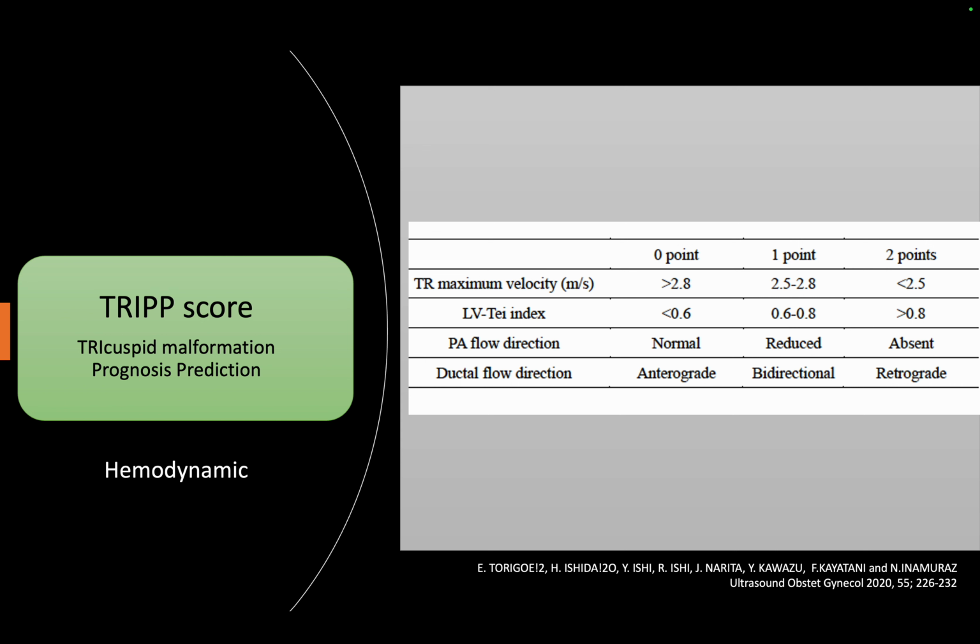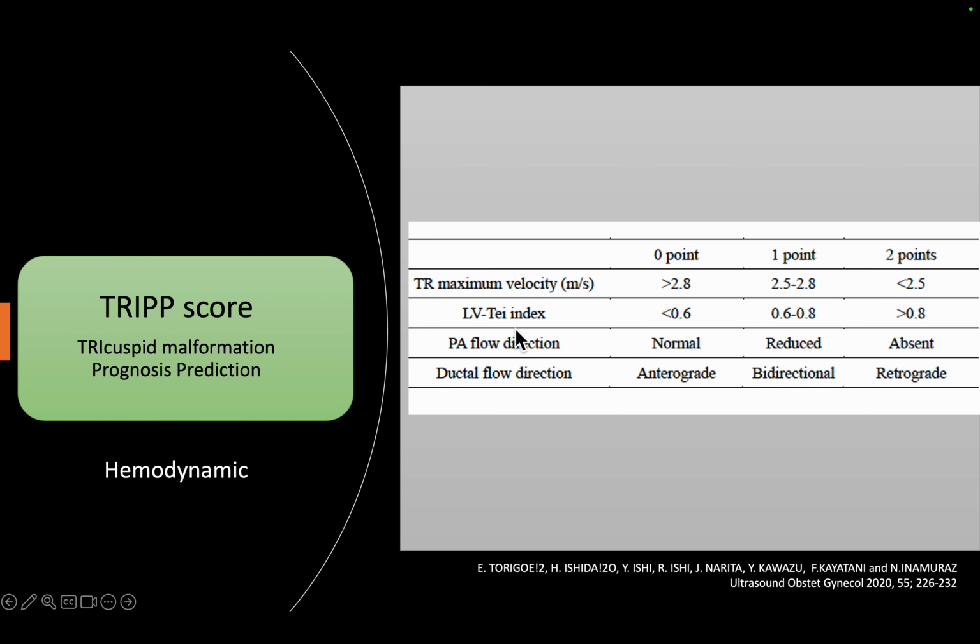The TRIPP score involves so many things. One is the TR velocity. In case the right ventricle is of good dimensions and contracting well, with systolic function fine, then it should be able to generate a high velocity jet. So if TR is more than 2.8, that means the RV is good, and the point is 0.